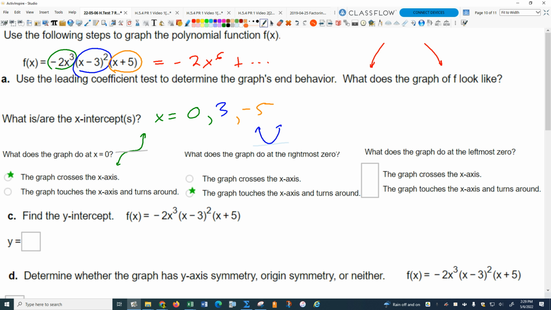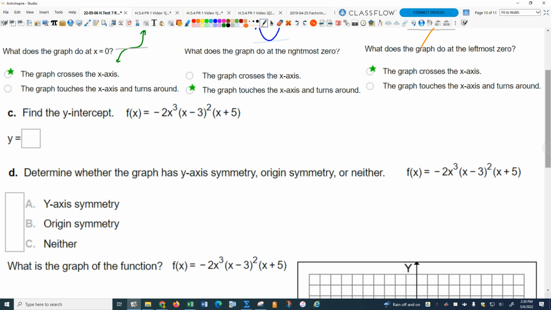And then finally, what's it doing at the leftmost 0, which is negative 5? Crossing, so it's cutting like a line. Yep, good. So that was the picture, doing that, right?